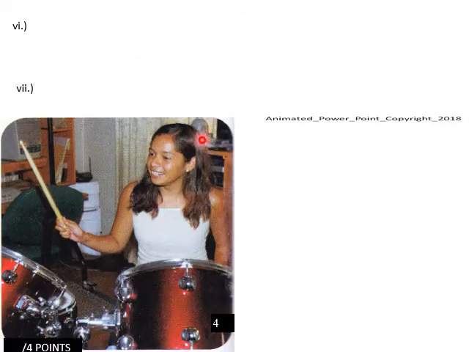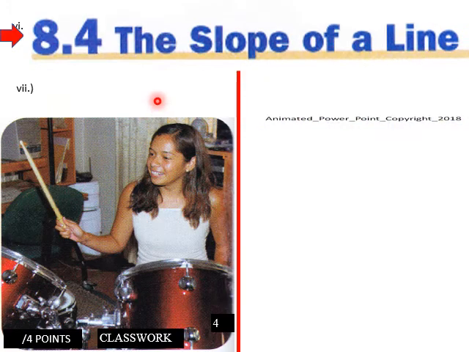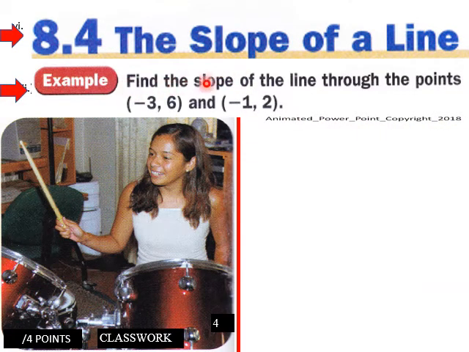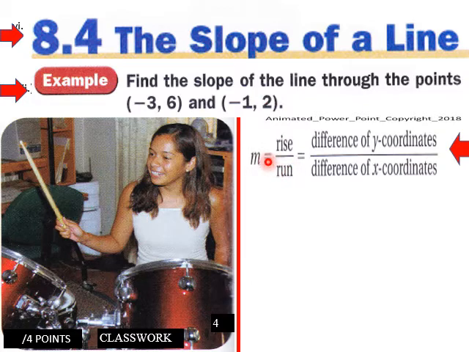Into our next section of Chapter 8 Review and Summary, 8.4, the slope of a line. Find the slope of the line through the points negative 3, 6, and negative 1, 2. How do we do that? First, m, which is slope, equals rise over run, the difference of y coordinates over the difference of x coordinates.